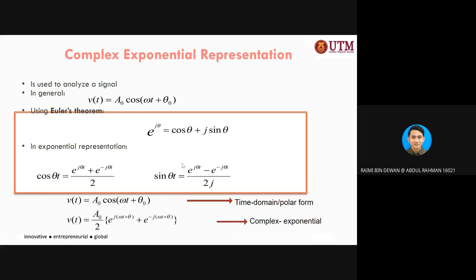For sine, one is negative and one is positive, and the difference is that the denominator is 2j, while for cosine it is only 2.